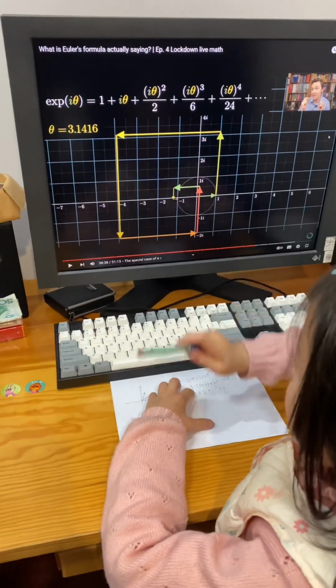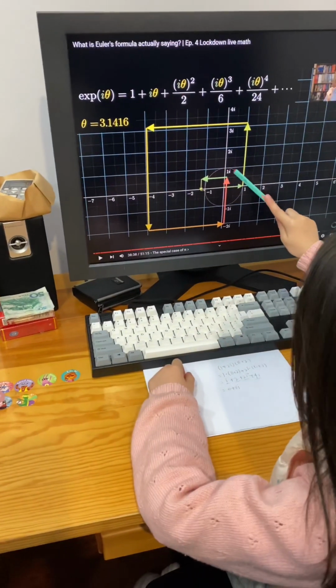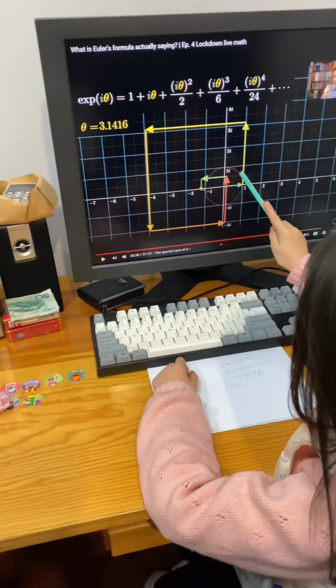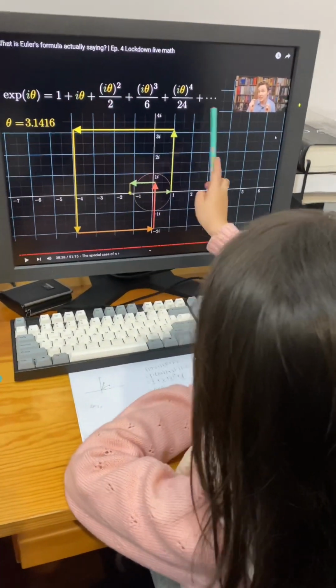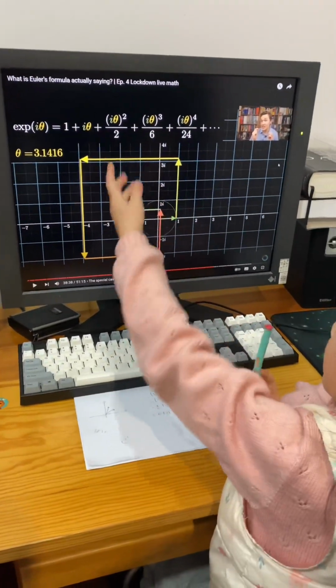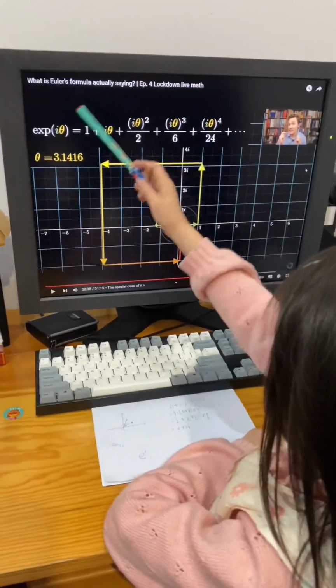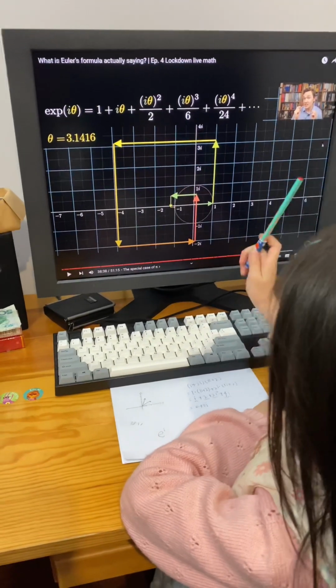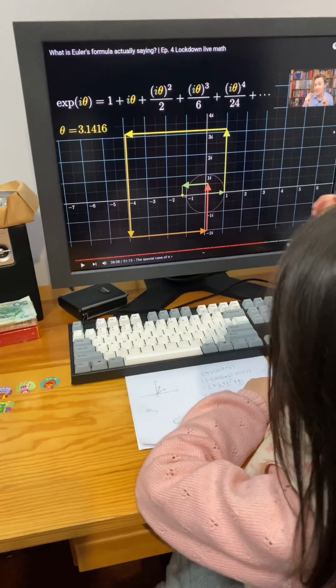What does the theta mean? The left theta means just how many radians on the unit circle. The equation's left part means just a point walking on a unit circle.